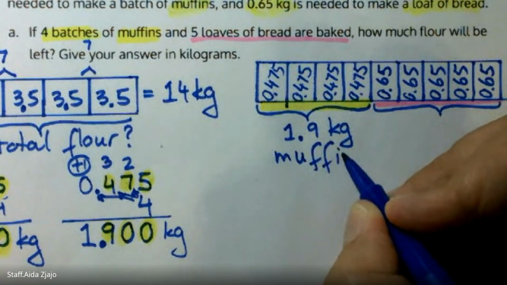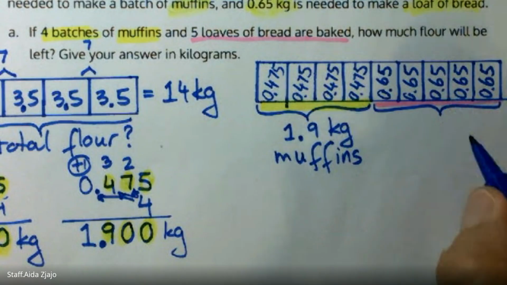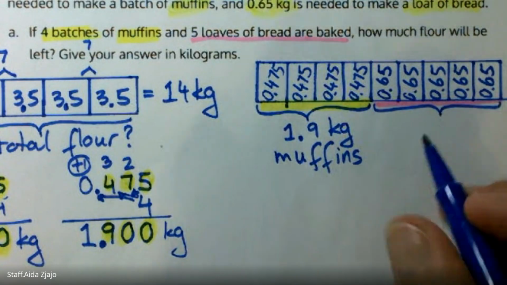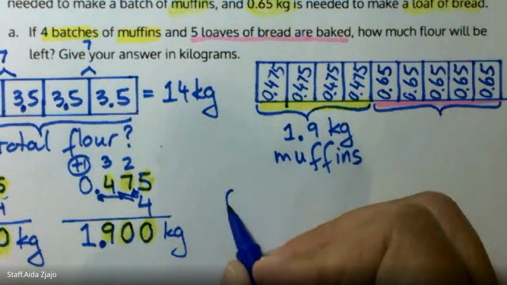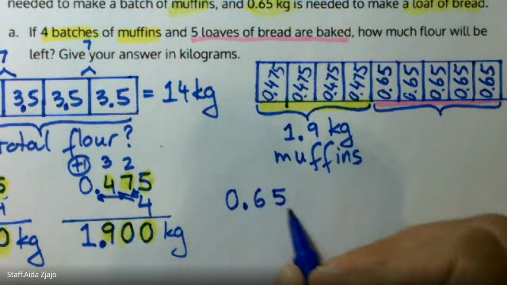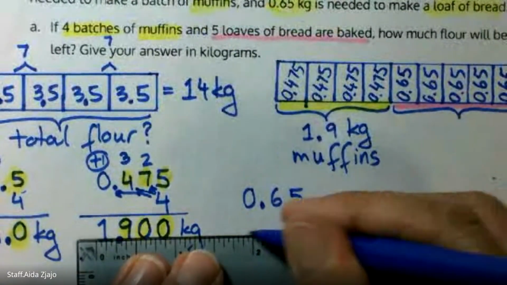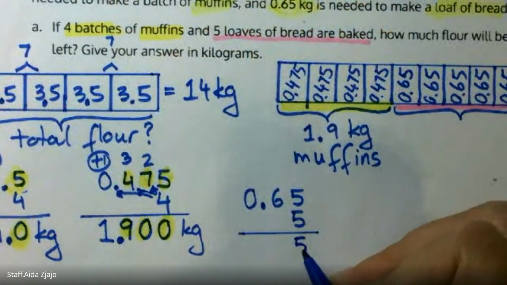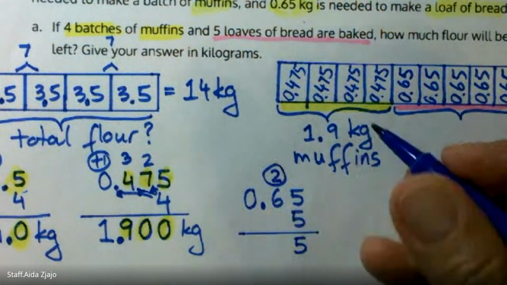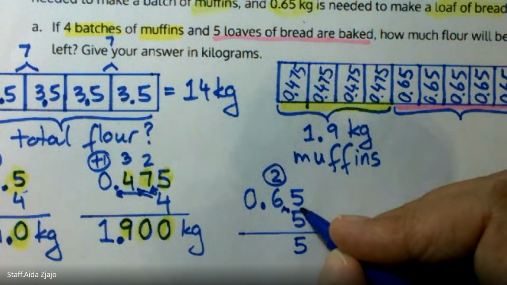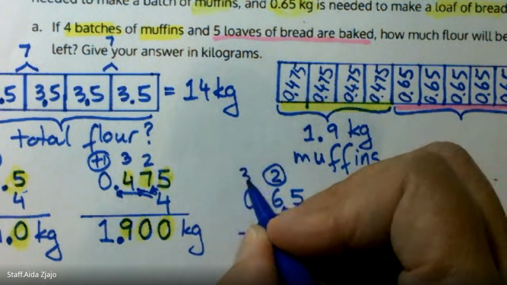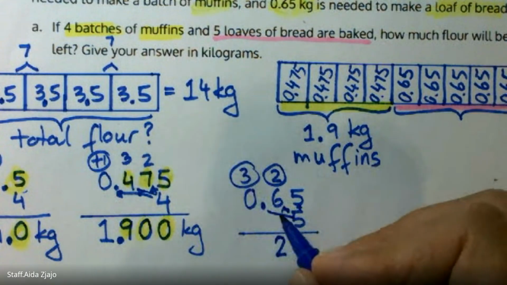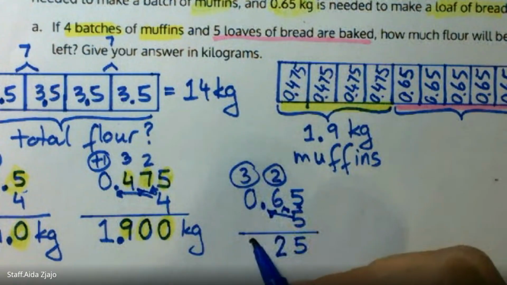And bread is 0.65 times 5. 5 times 5 is 25, remember 2. 6 times 5 is 30 plus 2 is 32, remember 3. 5 times 0 is 0 plus 3 is 3.